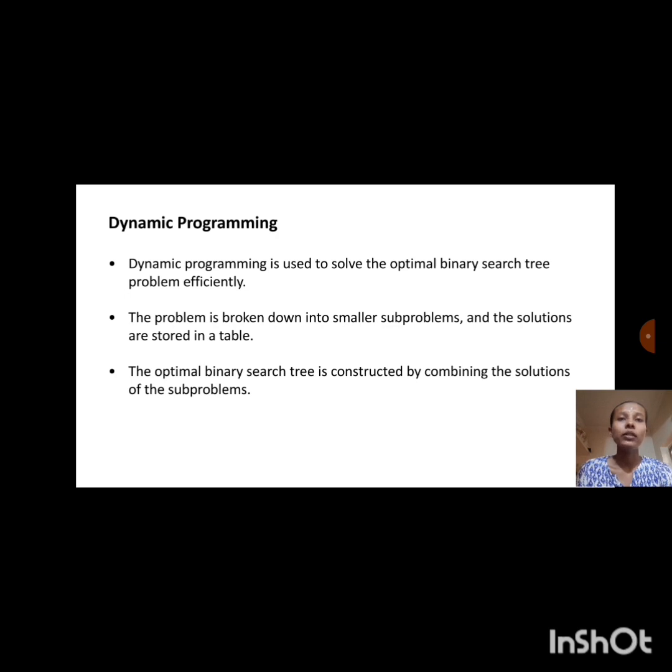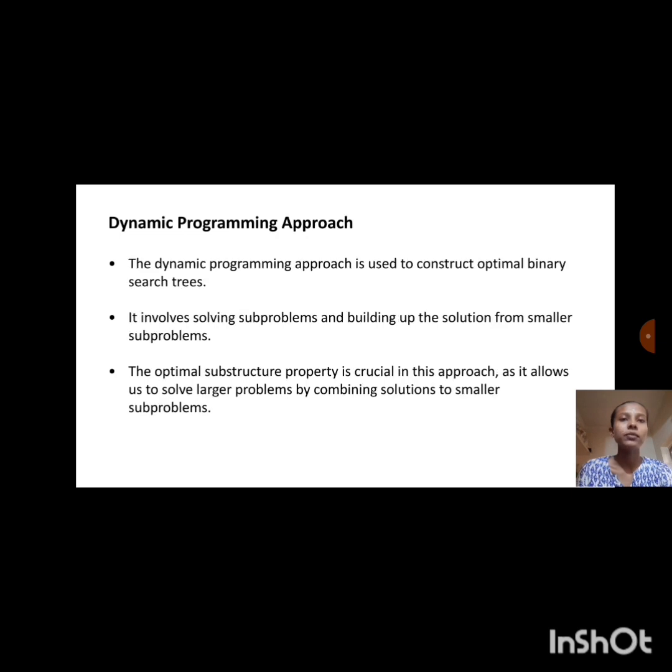Dynamic programming. Dynamic programming is used to solve the optimal binary search tree problem efficiently. The problem is broken down into smaller subproblems and the solutions are stored in a table. The optimal binary search tree is constructed by combining the solutions of the subproblems. Dynamic programming approach.